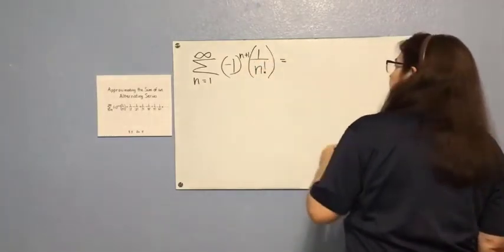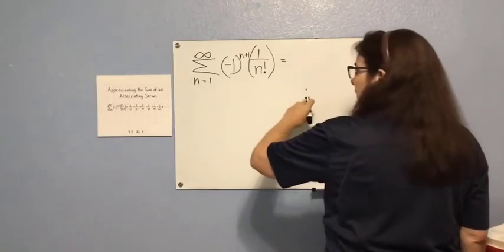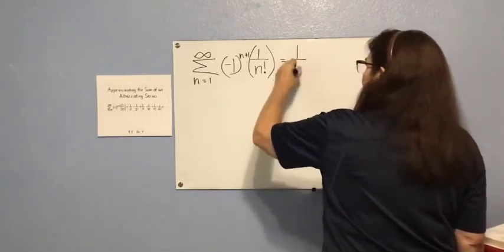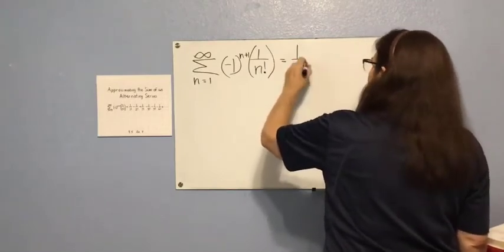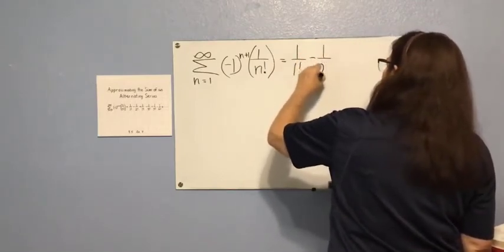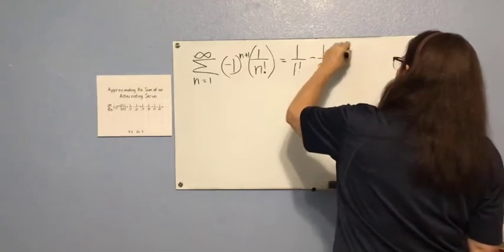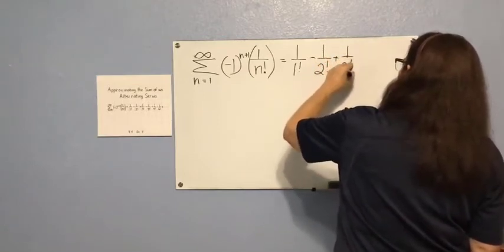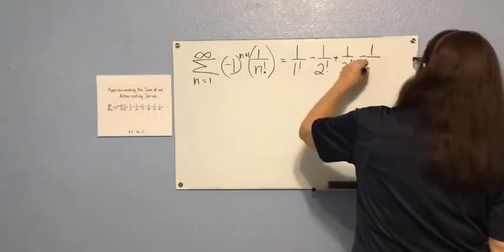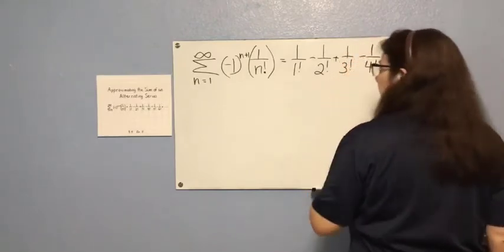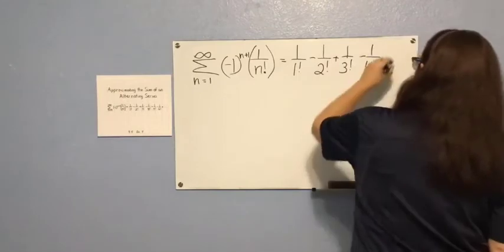So the first few terms are 1 over 1 factorial minus 1 over 2 factorial plus 1 over 3 factorial minus 1 over 4 factorial, and so on.